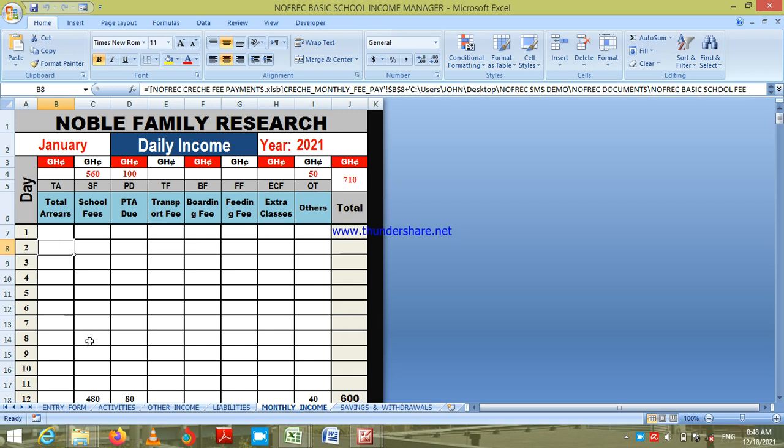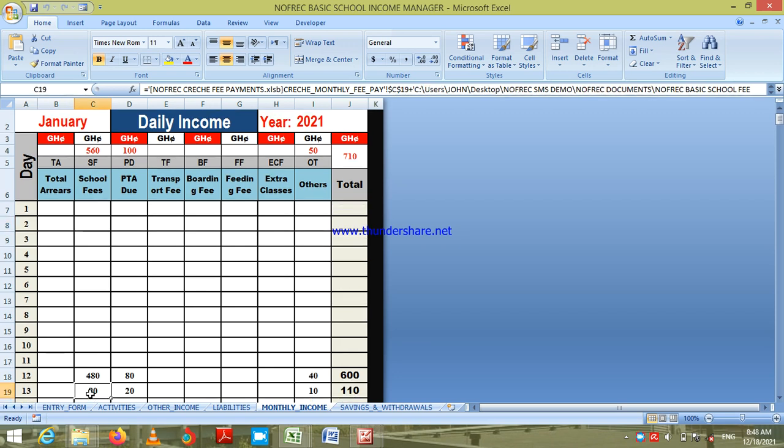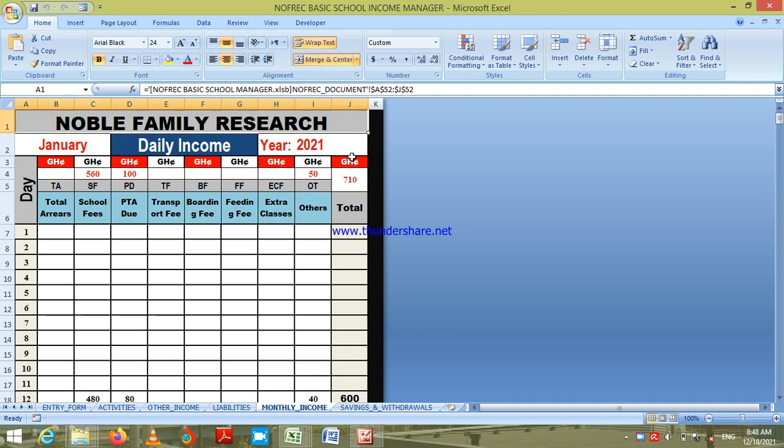Payment made, say, on the 12th January, all the payments made by the classes as school fees will sum up under school fees against the date in question. And the total amount of money paid as school fees, PTA, whatever, in that particular month will sum up at the top here. This value will be used when we are dealing with the income and expenditure analysis.